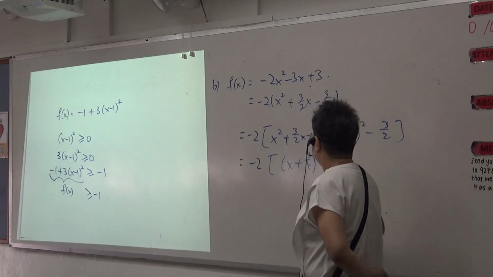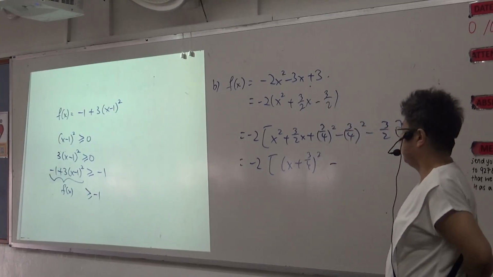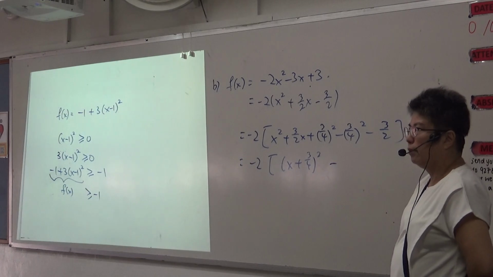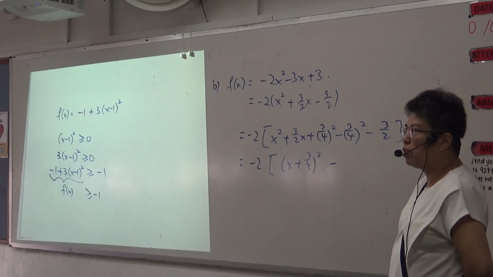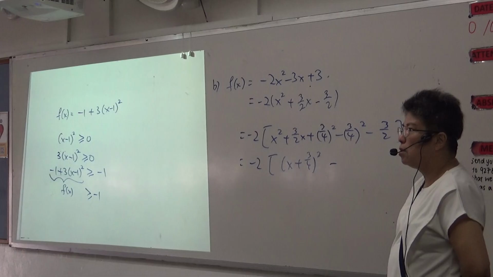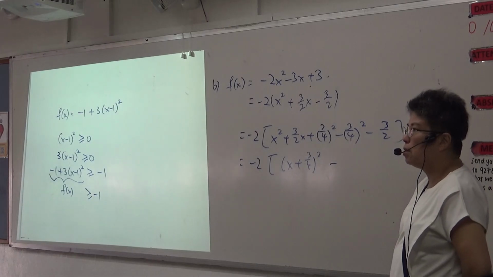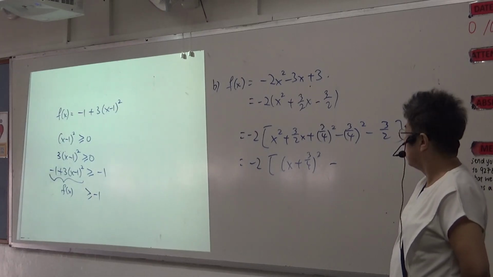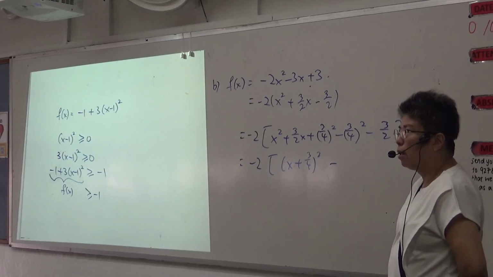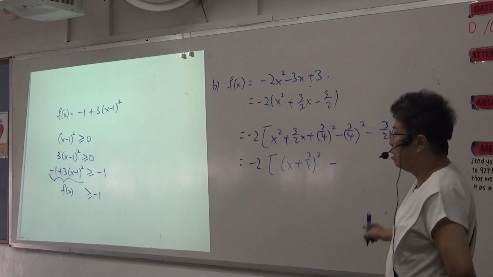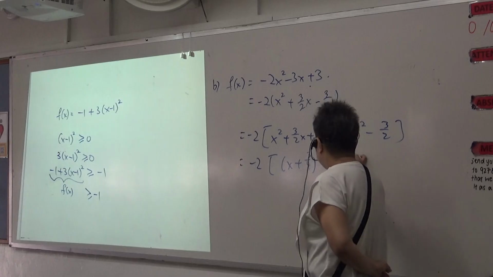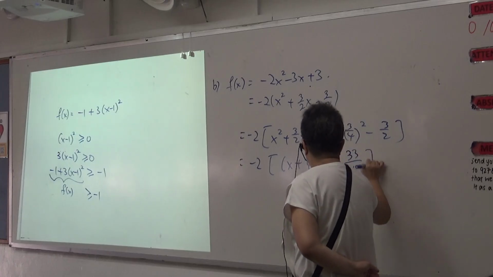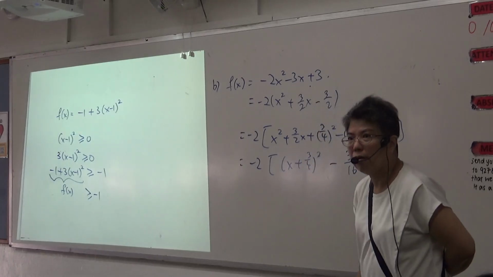Negative what? Give me in improper fraction. Negative what? 33 over 16.